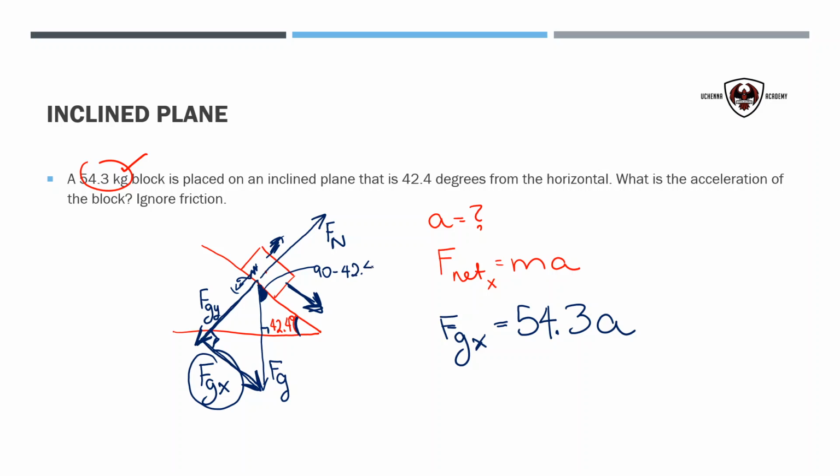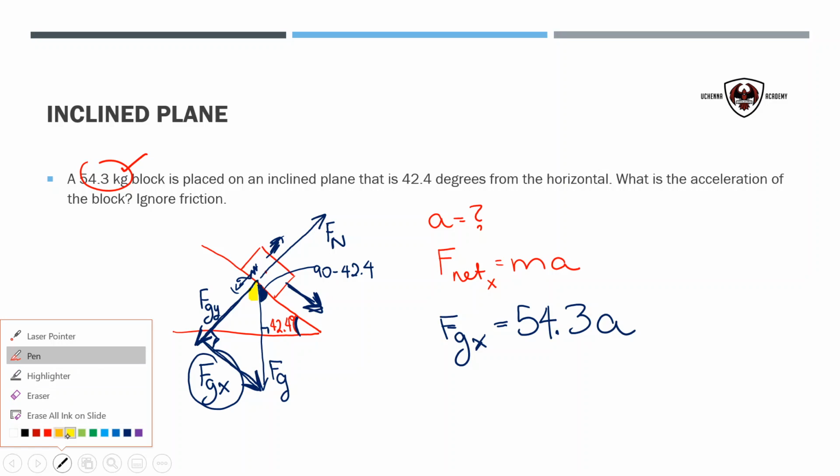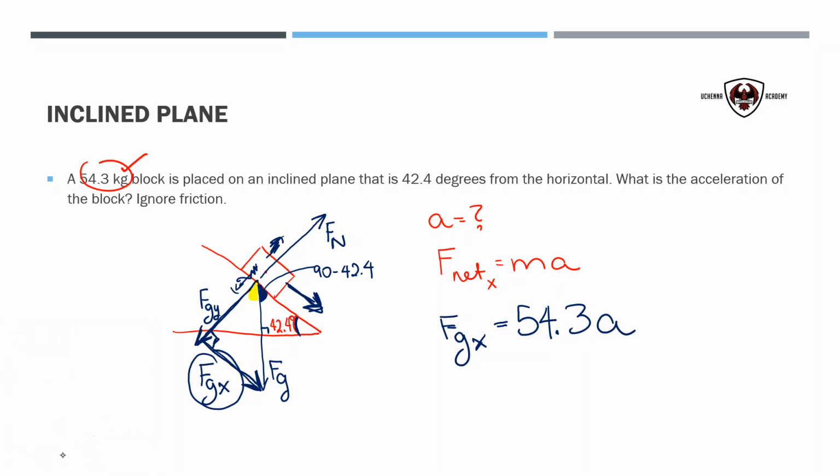And if that angle is 90 minus 42.4, then the angle that I'm about to highlight in yellow, let me go get a highlighter, is really equal to 42.4, because that angle, along with the angle adjacent to it, must add up to 90. That's really important to recognize: the highlighted angle is 42.4 degrees. That is always going to be the exact same as whatever your incline is.